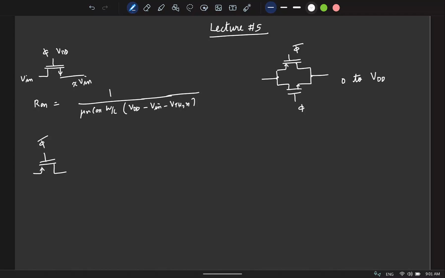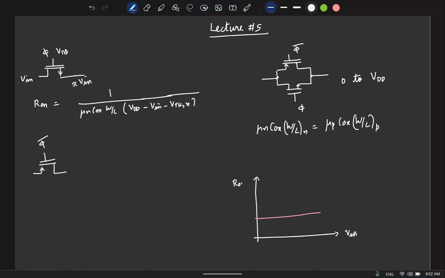And we also saw that in principle, if we choose mu n Cox W by L of the NMOS to be equal to mu p Cox W by L of the PMOS, then we expected the on resistance to be constant, independent of the input voltage, like this.